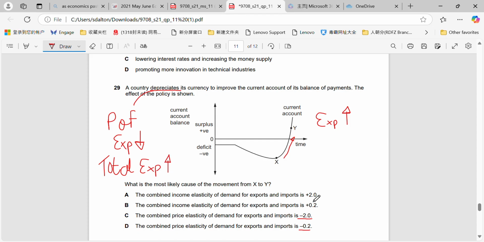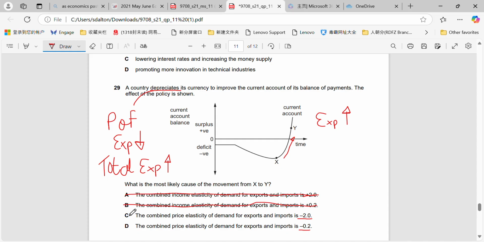Whereas if it is a positive figure like here in A or B, then once the price goes down, the quantity demanded would also change in the same direction. So the quantity demanded would fall as well, and that would result in actually increasing our deficit.